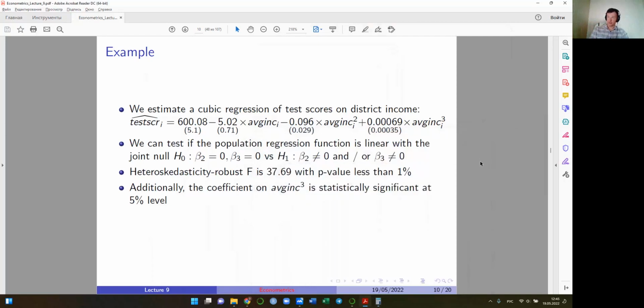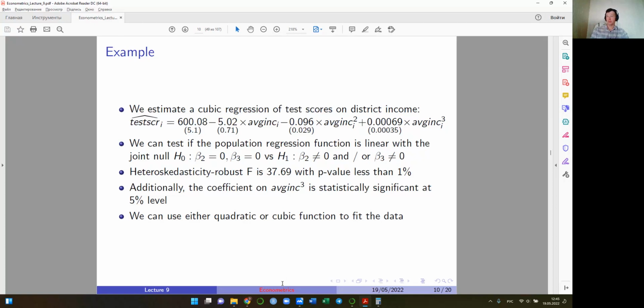At the 1% significance level, we are not able to reject the hypothesis that this coefficient is 0. Therefore, we are kind of unsure which model is better. It might be the cubic polynomial, it might be the quadratic polynomial, and either one fits the data, but it depends on our goals and our needs.